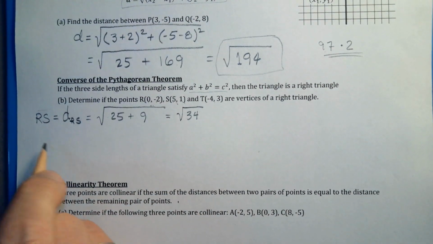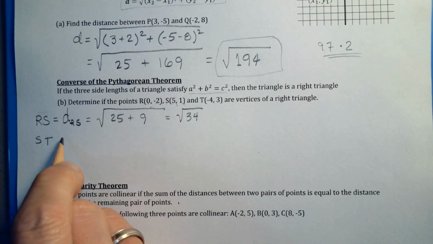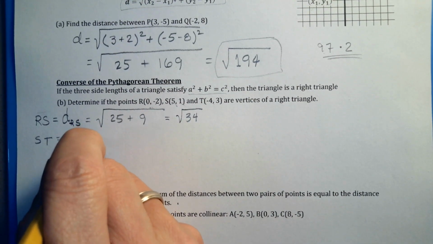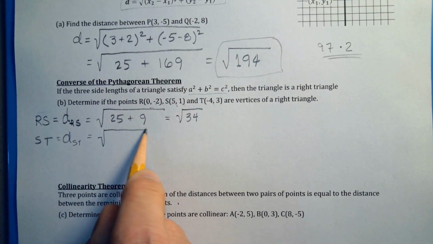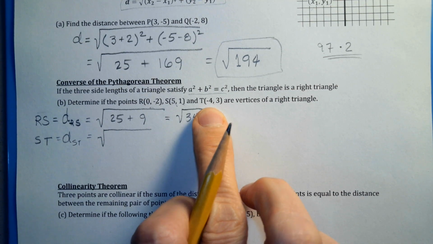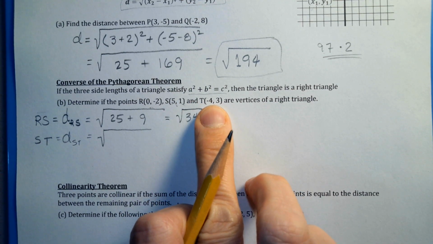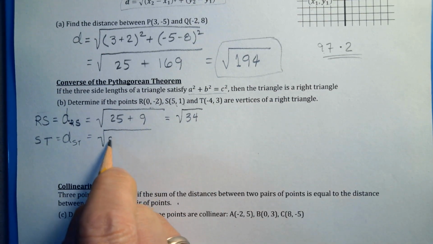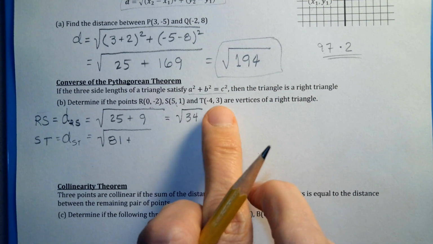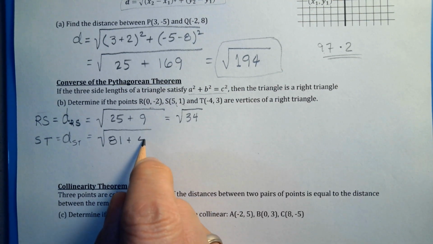Okay, and now let's try ST, or if we want to say the distance and then subscript ST, either one. So that is the square root of the difference in the x's between S and T, and that's going to be 9 squared is 81, plus the difference in the y's between S and T, that's going to be 2 squared is 4.